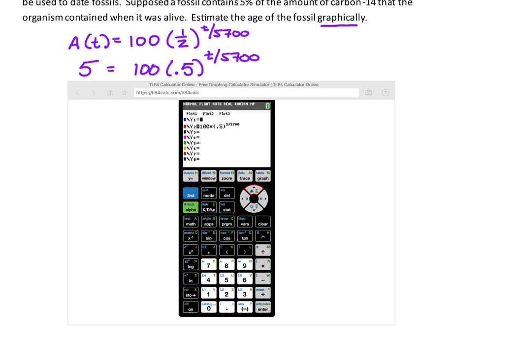All right, for my y2, we're going to plug in 5. And we want to go ahead and extend out our x's. Let's see what happens.